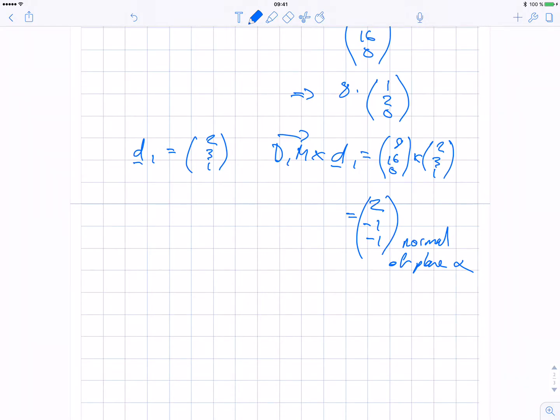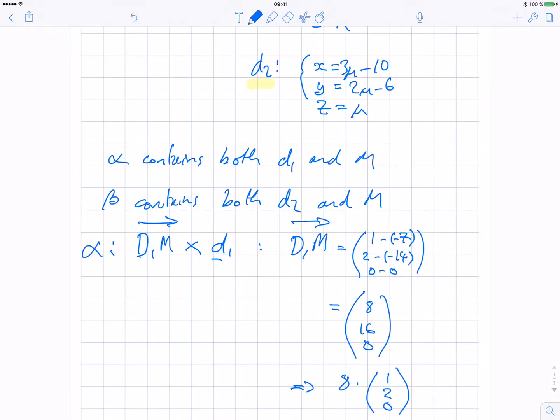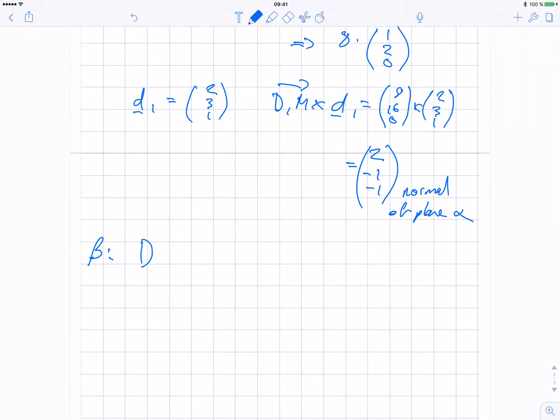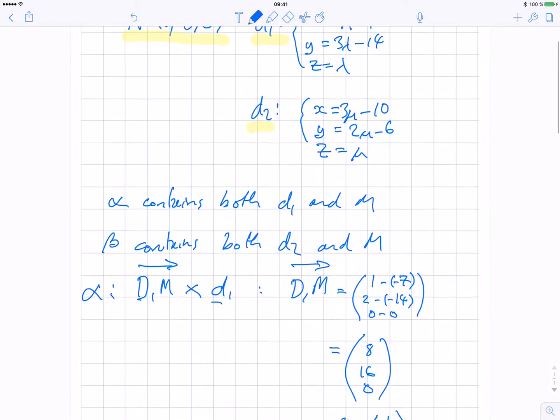I'm going to do exactly the same for the plane beta. So for plane beta, that's going to be a point on the line, we'll call that D2, to M, crossed with the direction vector of D2. Therefore, we need to find D2 to M, which is simply finding what M is.